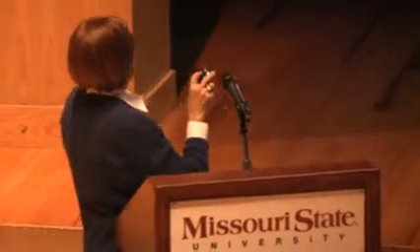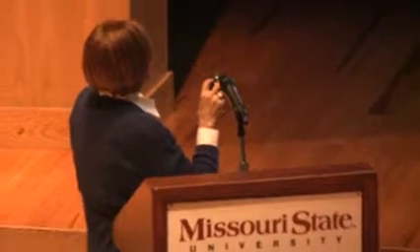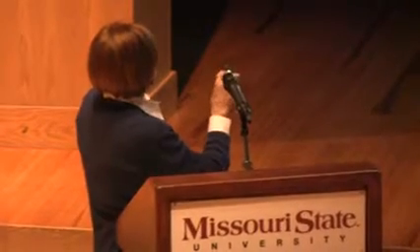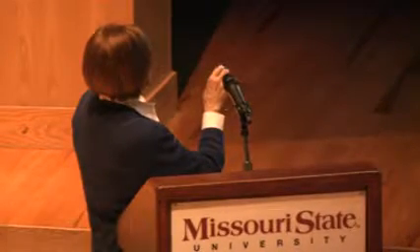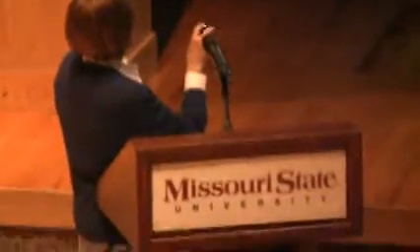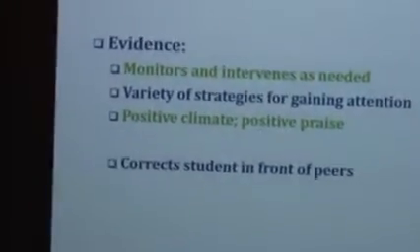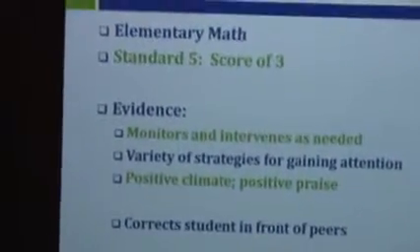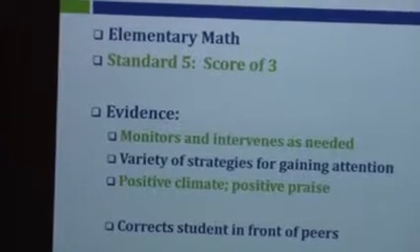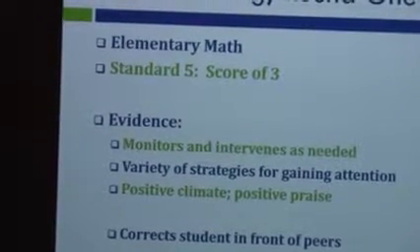Okay, let's look at, oh, no. Did I miss Standard 5? Okay, for Standard 5, this team also gave a score of 3. And for the reasons given, that this student was monitoring student behavior, she was moving about the classroom, she intervened, redirected children as needed.